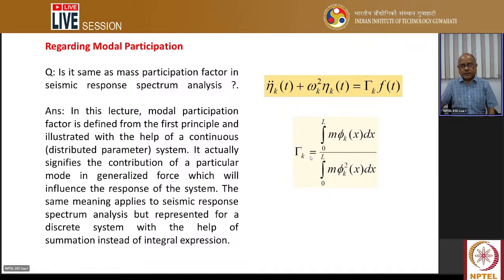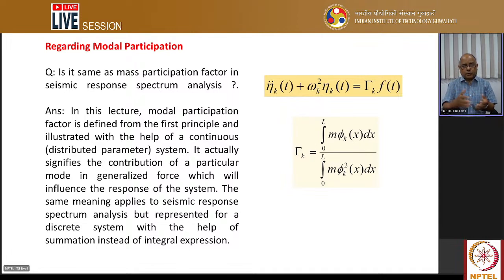It is defined as the ratio of two integrals, integral of m phi k x dx divided by integral of m phi k square x dx. You can see this is the integral written for the continuous system. If we write it for a discrete system, instead of the integral, the summation will appear.